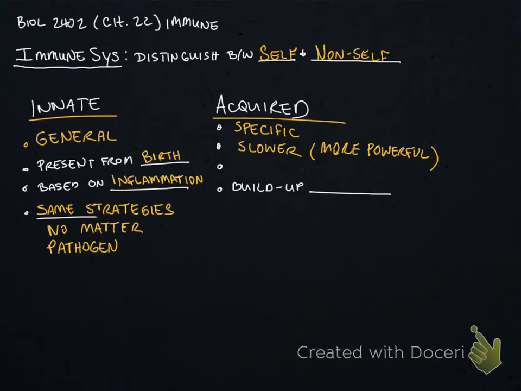With the acquired immune system, we have the ability to acquire memory, and will build up over time. So we build up our acquired, I think your book might call it adaptive, immunity over time.